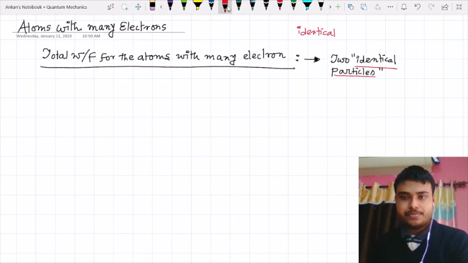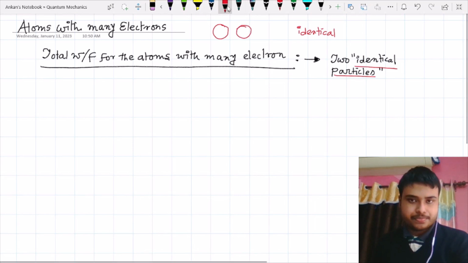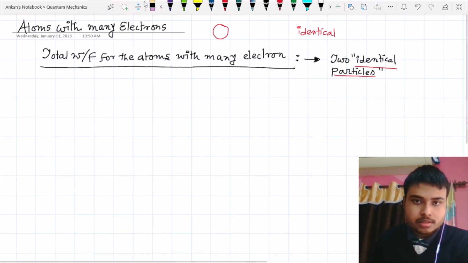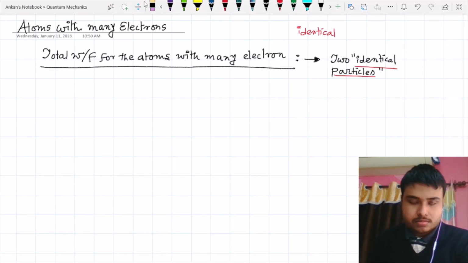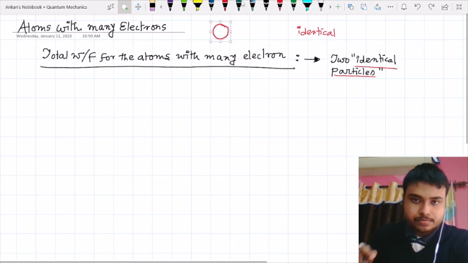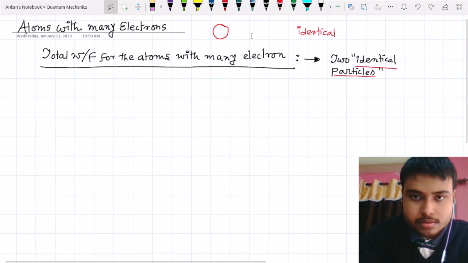If you are provided with two balls, for exact accuracy I must copy it.